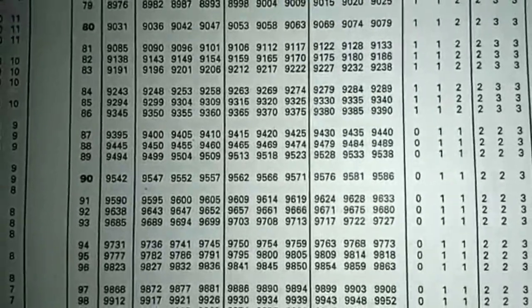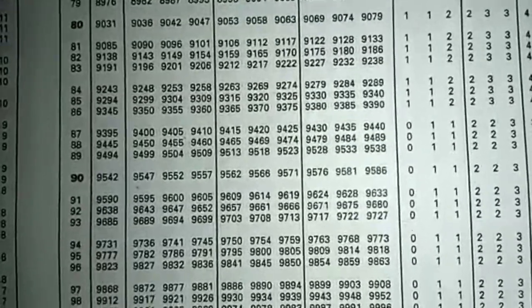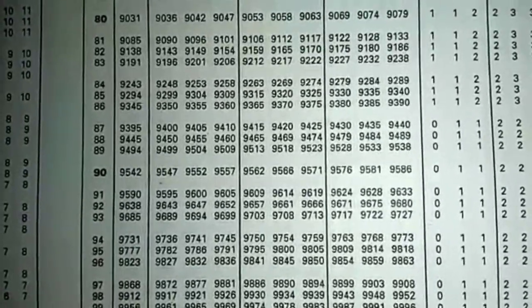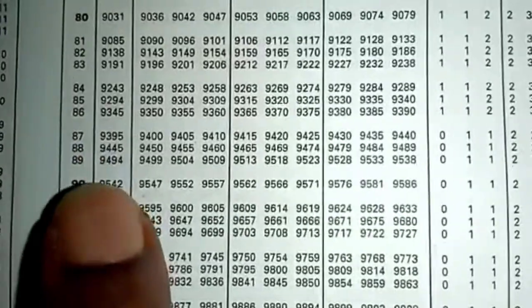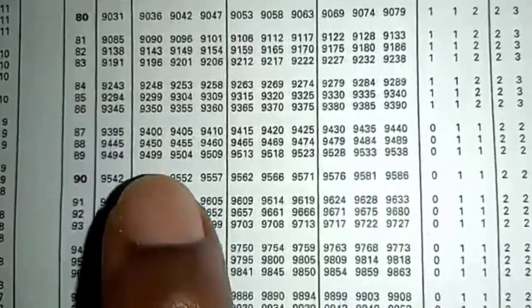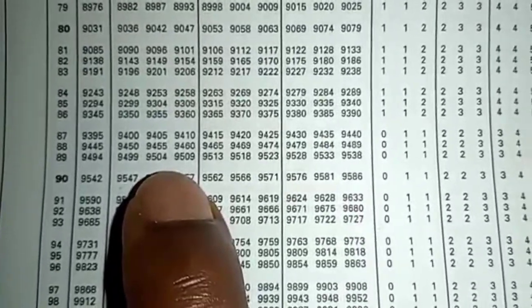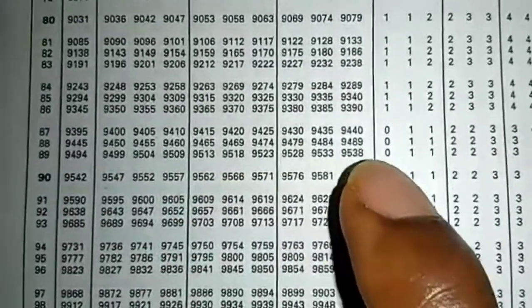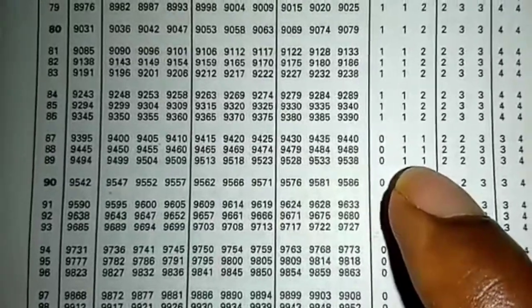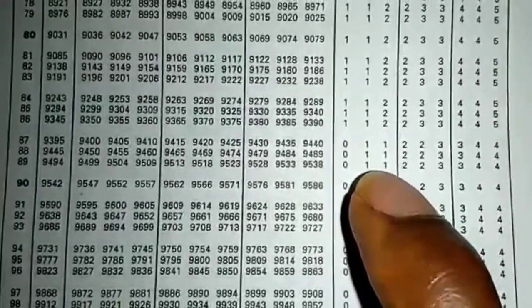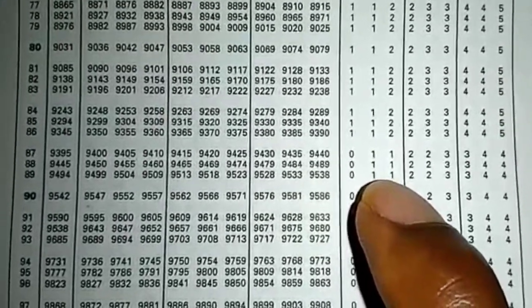Now to find the fraction part for 892.3, I'll be doing 89 under 2, difference of 3. Now this 89 here, under 2 I have 0, 1, 2, that is 9504. Difference of 3, I'll be having 1, 2, 3, that is 1. So I'll be doing 9504 plus 1.